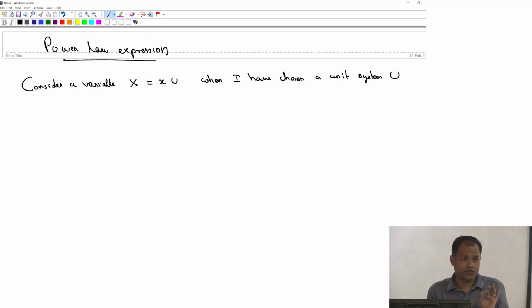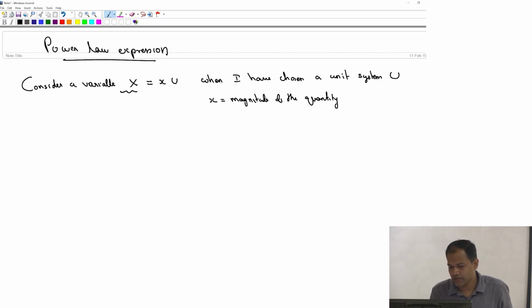I have chosen a unit system u in which x is some variable, and the small x is therefore the magnitude of that quantity. x is some physical variable.